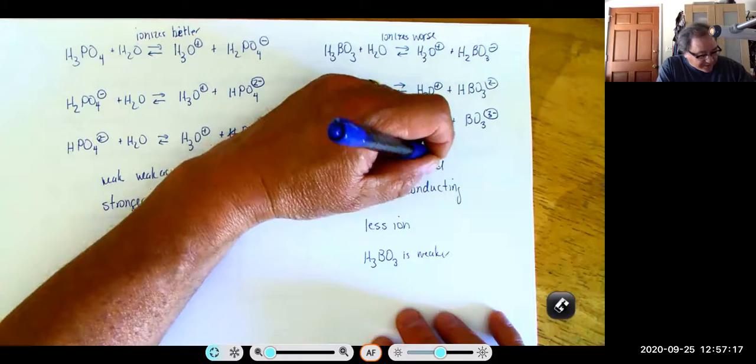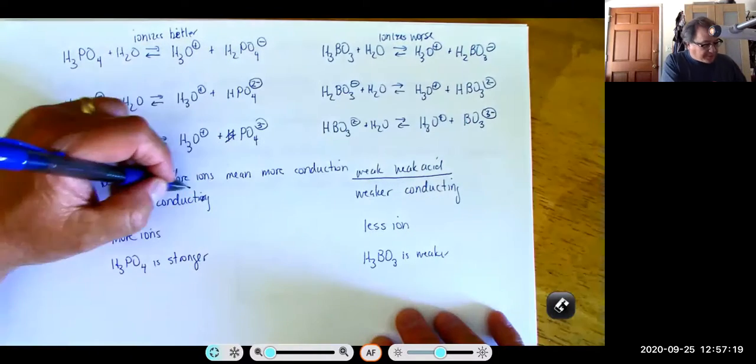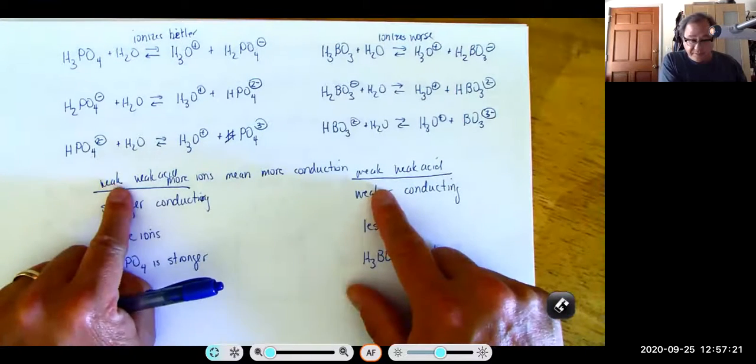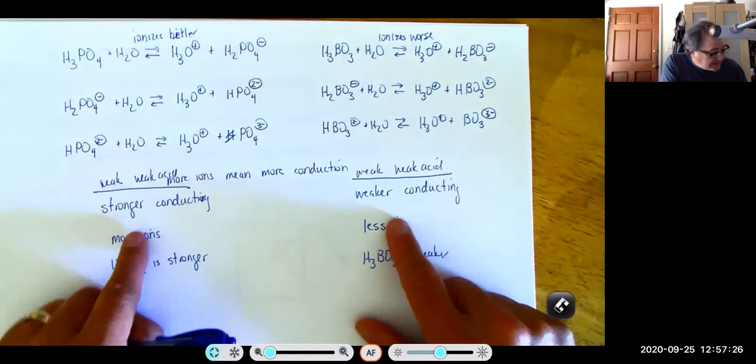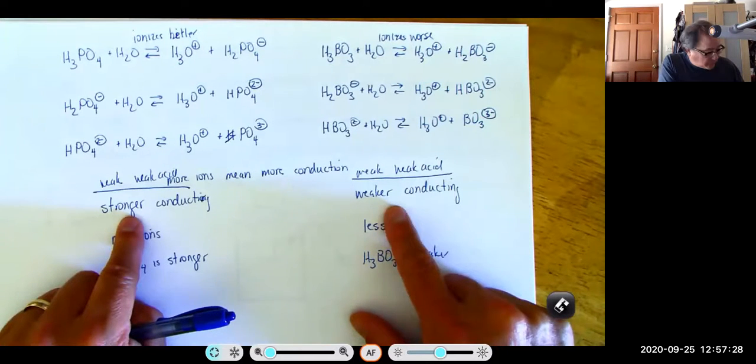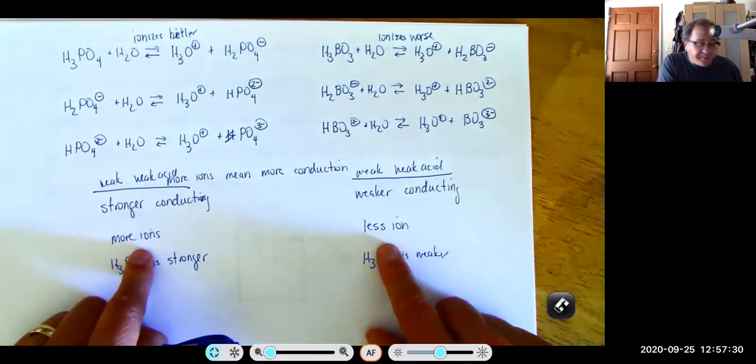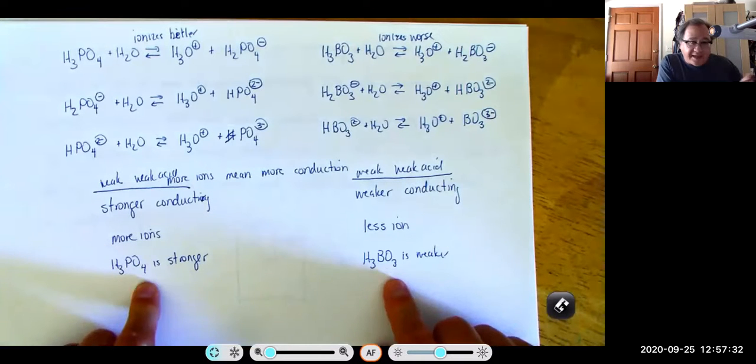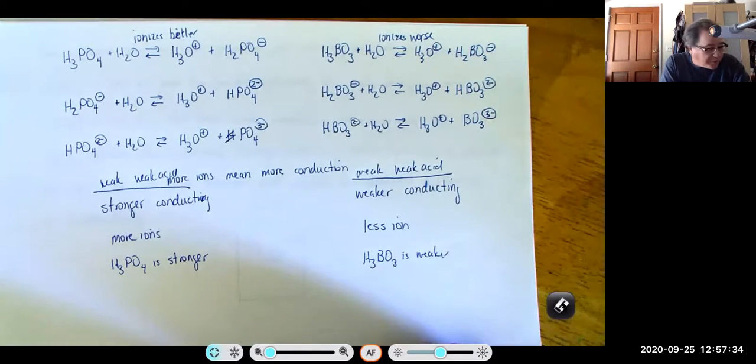The text says they're both weak because they conduct weakly. This is stronger conducting, which means it has more ions, which means it's the stronger of the two weak acids. And that's what we're supposed to get out of this.